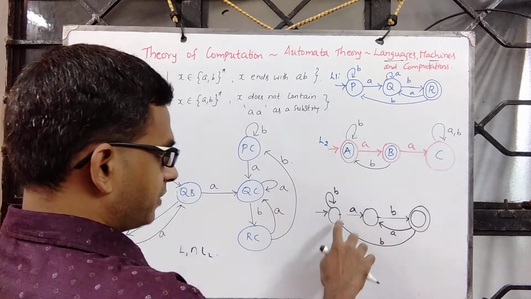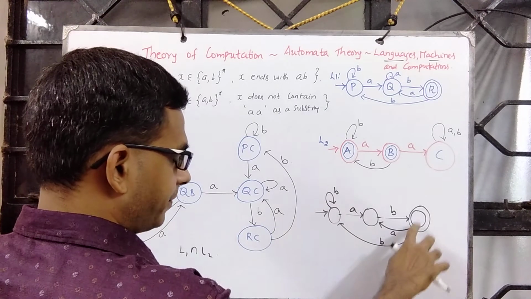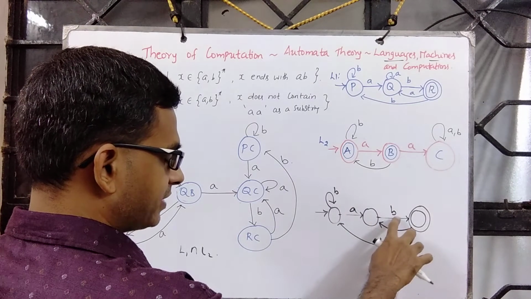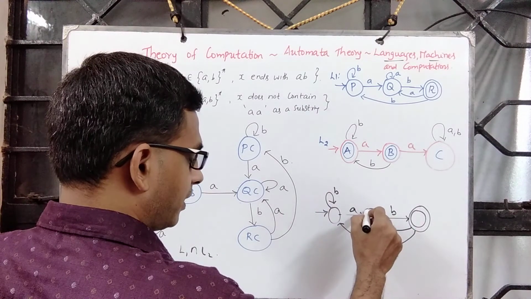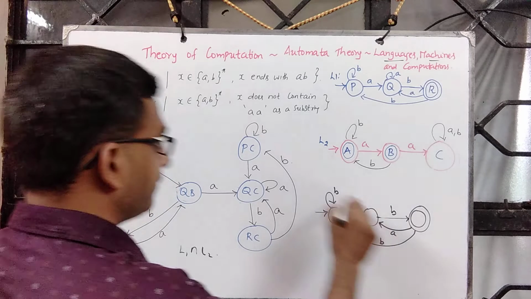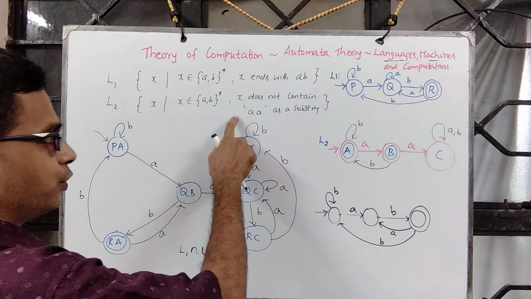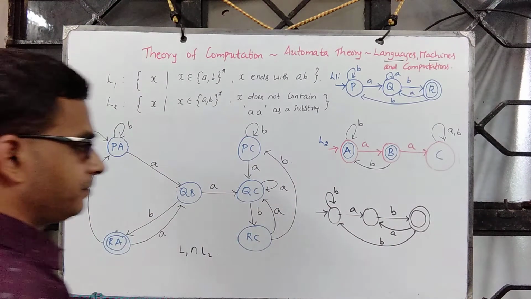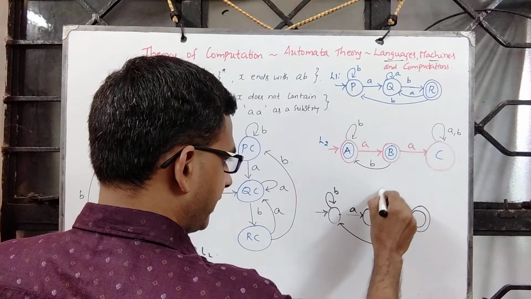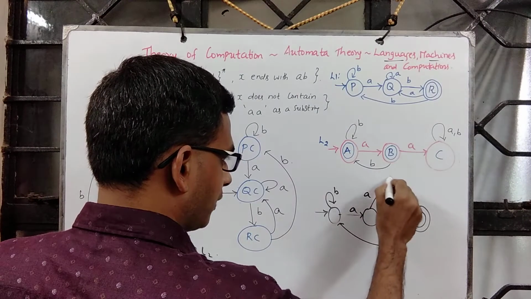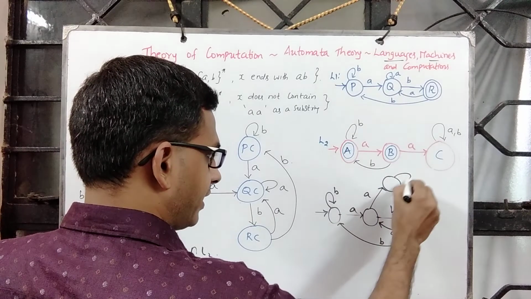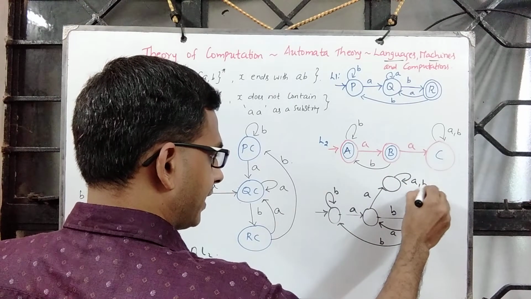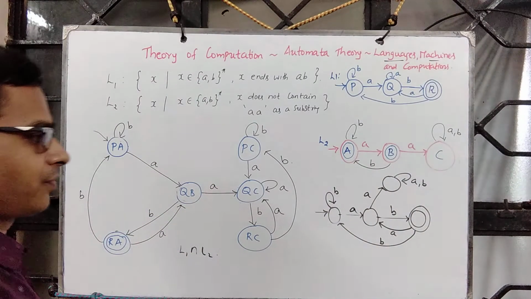Okay, so with respect to this, AB is defined, with respect to this, AB is defined, with respect to this, B is defined, but A is not. But when we read A, it will have AA in it, but it should not have AA in it. So when we read A, we go to a state, and now with respect to this state, if we read A comma B, we stay here.